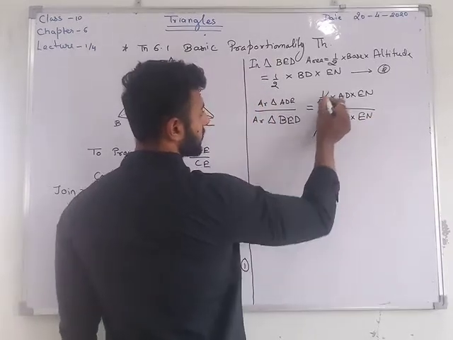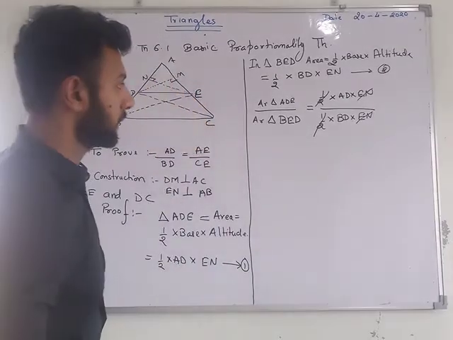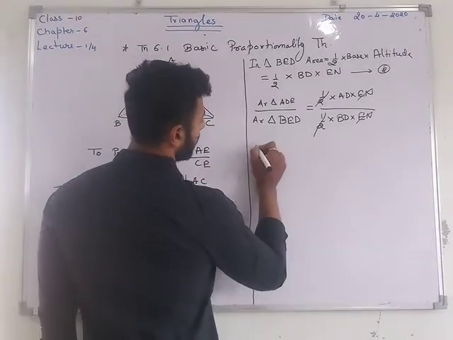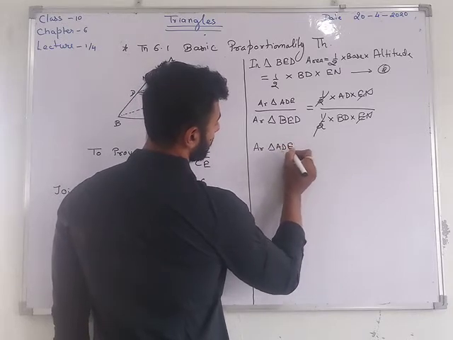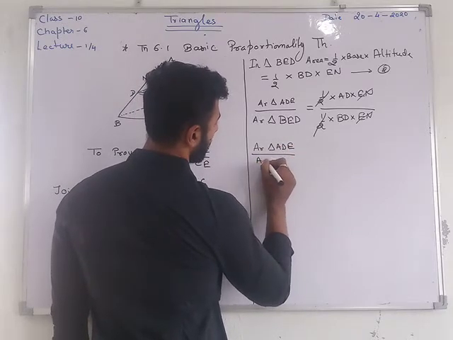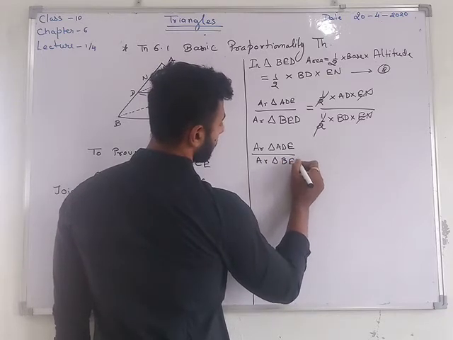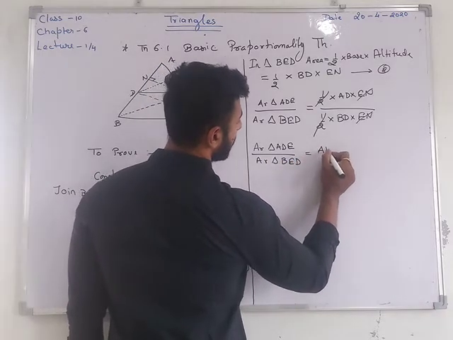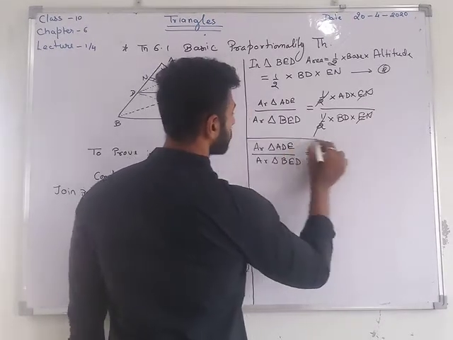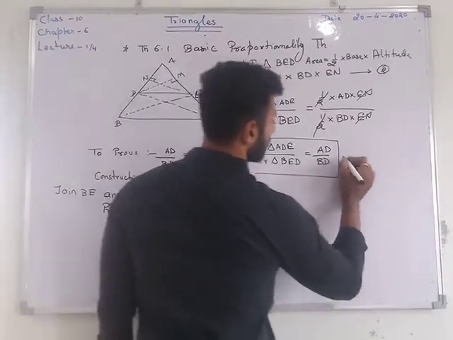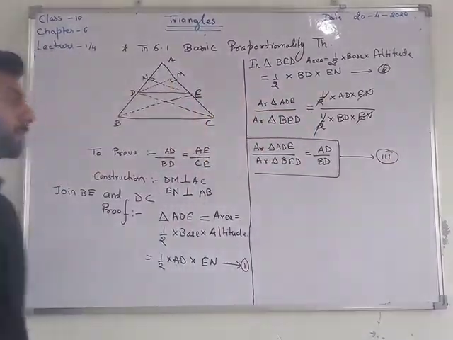This half will get cancelled out with this half and EN will get cancelled out with EN. Now area of triangle ADE upon area of triangle BED is equal to AD upon BD. This is our third statement.